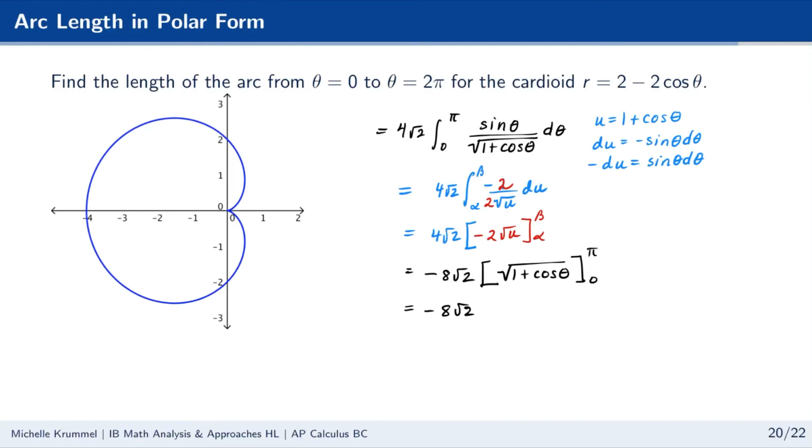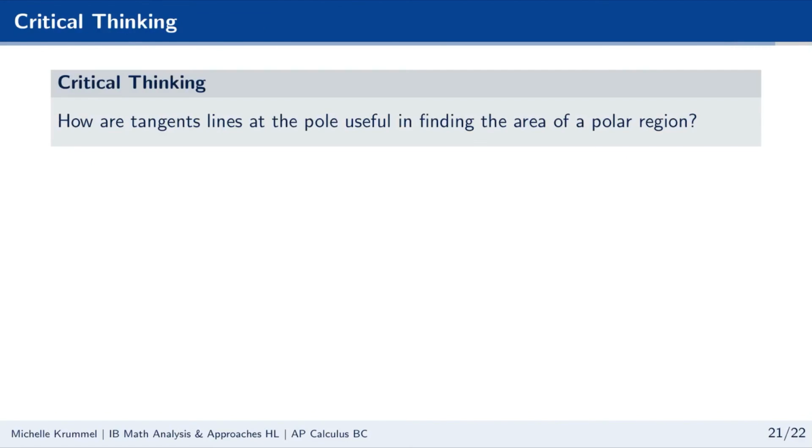Negative 8 root 2 times: the cosine of π is negative 1, negative 1 plus 1 is 0, square root of 0 is 0. Minus: the cosine of 0 is 1, plus 1 is 2, so square root of 2. And then when we multiply, we get positive 8 times 2 equals 16. So we have an arc length of exactly 16.